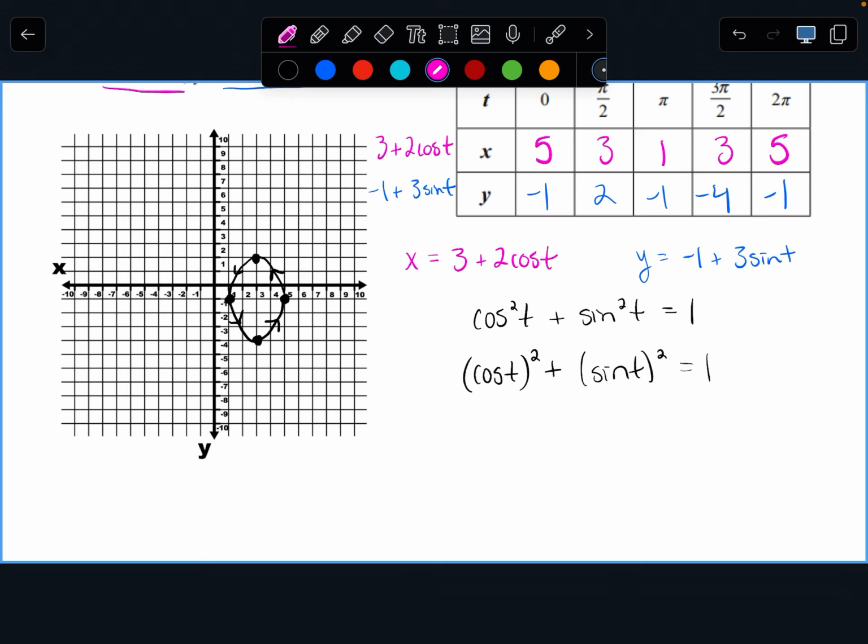I can put all my x junk in for the cosine, right? Kind of. Think about it, because here's cosine, right? So I can do some algebra finagling to get x junk in for my cosine, okay? And then I can do some algebra finagling to put y stuff into my sine thing, right? So here's the plan.